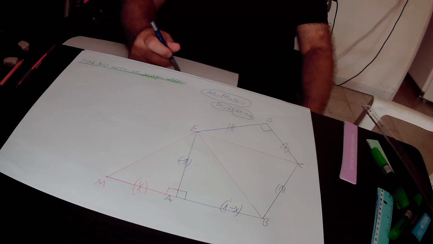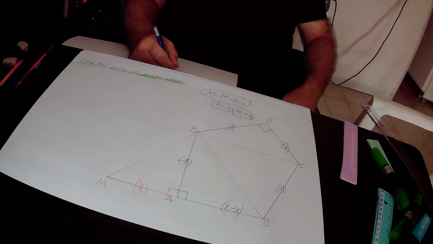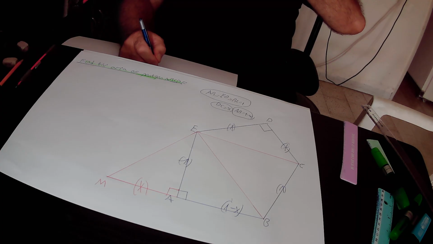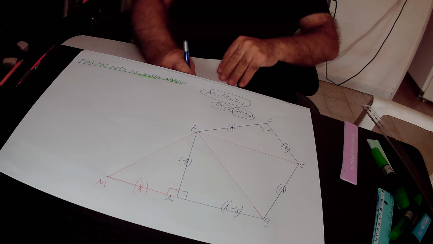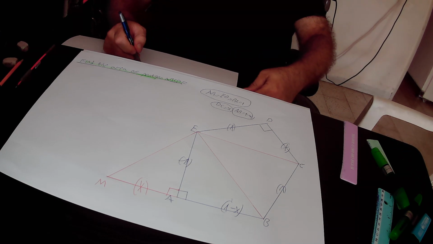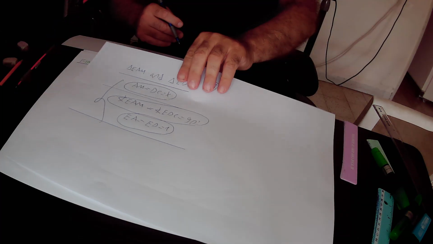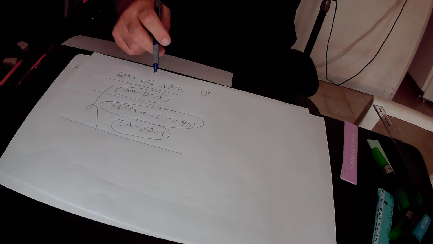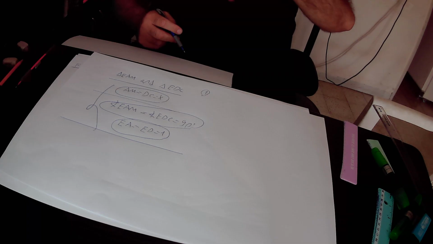So right now, side EA of the right triangle EAM is equal to side ED of this right triangle EDC.